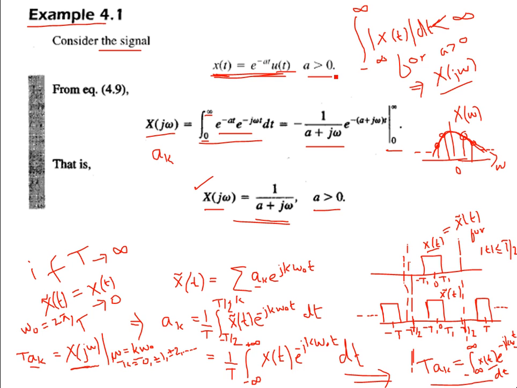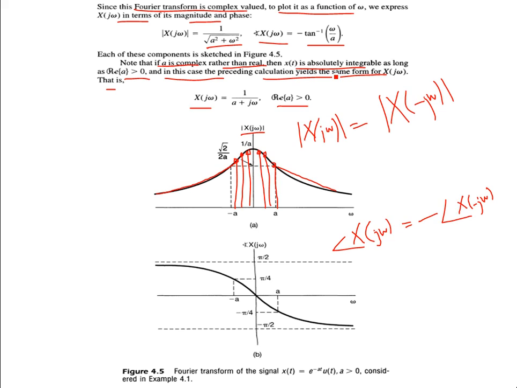So in both cases, as long as it's absolutely integrable, the Fourier transform exists. And if the Fourier transform is complex, then we have both the magnitude and the phase responses as well.